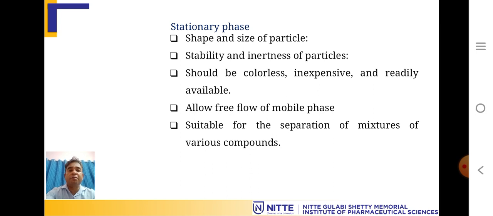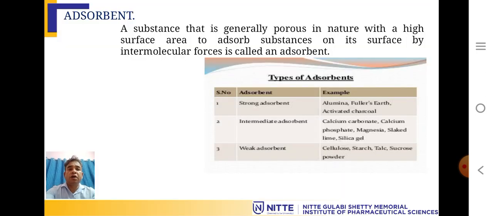These are the ideal properties of a stationary phase, which have to be taken care of when you are loading the column. The generally used stationary phases are classified into strong adsorbent, intermediate adsorbent, and weak adsorbent. So what is an adsorbent? A substance that is generally porous in nature with high surface area to adsorb substances on its surface by intermolecular forces is called an adsorbent.